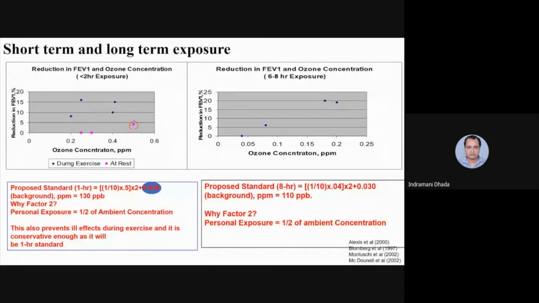So at 0.5 concentration, you can see the pink one is at rest.